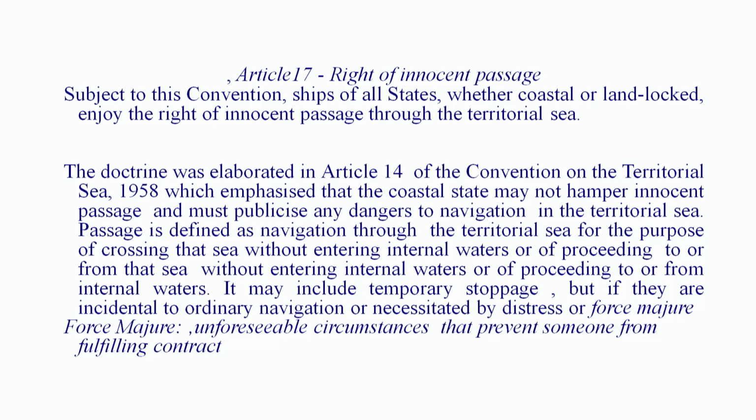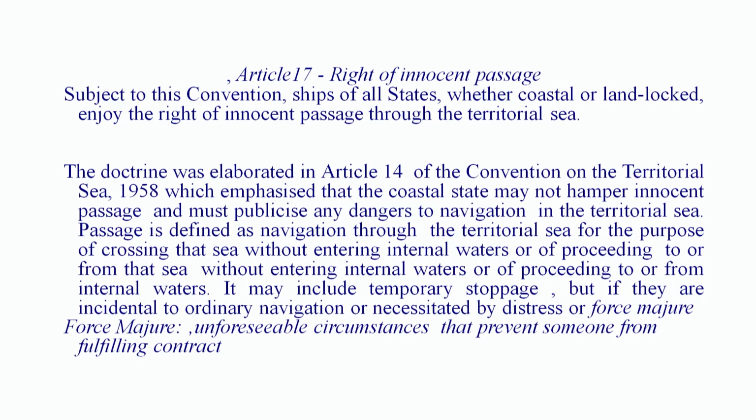The doctrine was elaborated in Article 14 of the Convention on the Territorial Sea 1958, which emphasized that the coastal state may not hamper innocent passage and must publicize any danger to navigation in the territorial sea. As stated earlier, prior to the formation of the present UNCLOS, many conventions were conducted, and many attempts were made for the establishment of UNCLOS.